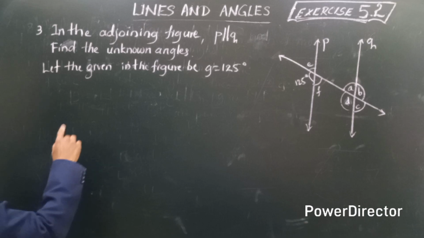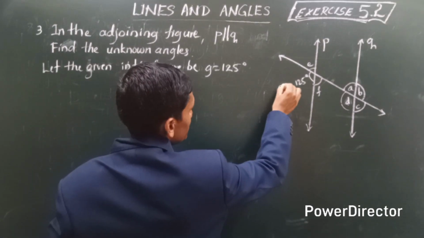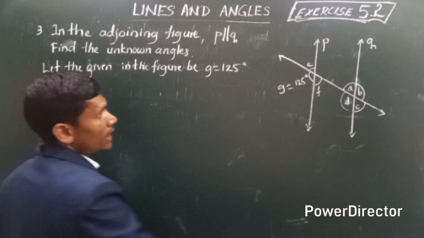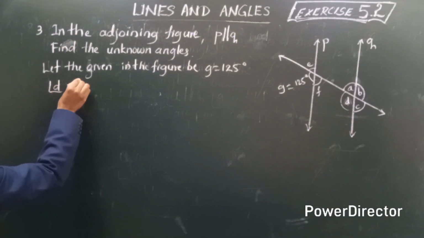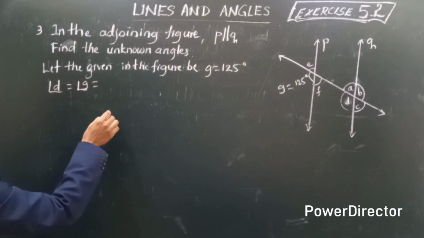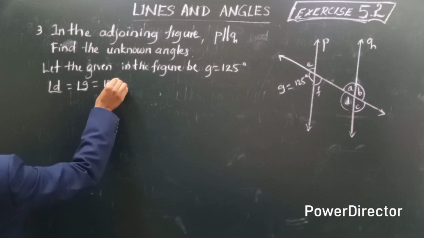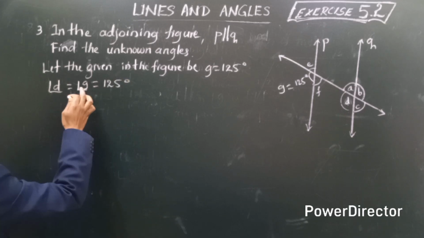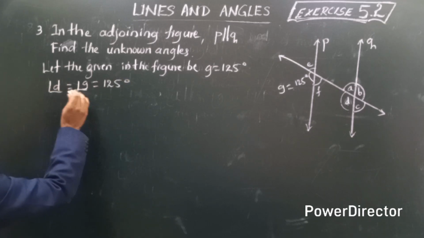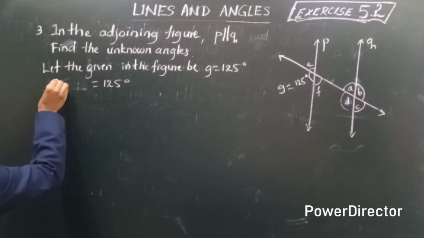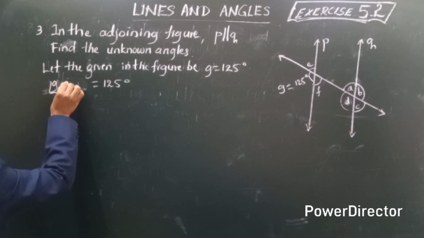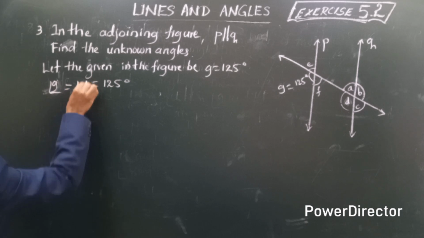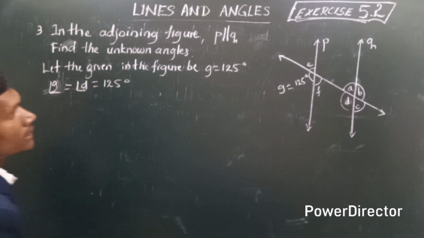Now if we name it G, I can clearly say angle D is equal to angle G is equal to 125 degrees. Or you can take angle G is equal to angle D is equal to 125 degrees.